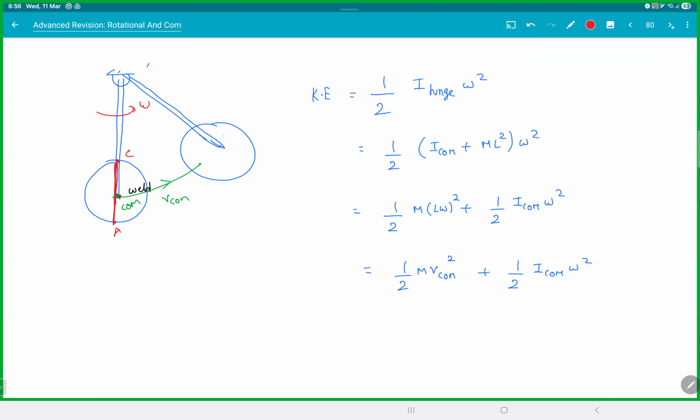Then suppose if it doesn't rotate, then the line would be like this. Then this line also is rotating in this direction so that the line AC will become here. So this is the rotation about the center of mass and this is the rotation of center of mass. Is that making sense?